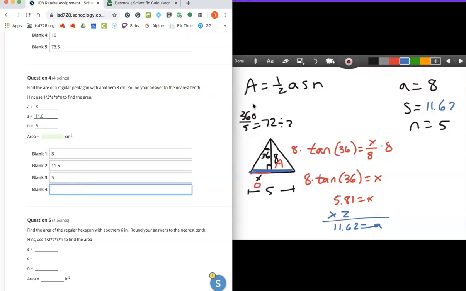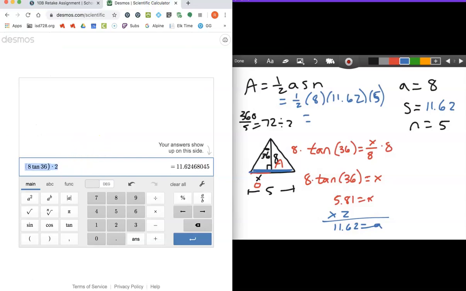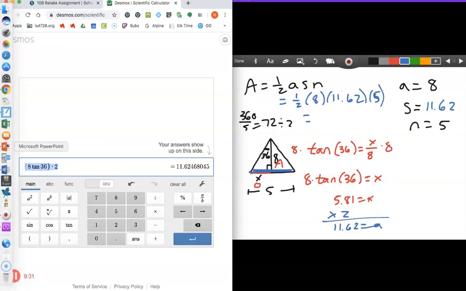So we know that the formula is 1/2 times A times S, which we just found, times N, times 5. Okay, so this one might be one where, if your answer is really close to what I get, we might need to check it. You might have it right, but there's a couple different ways you could round and get some things messed up here.